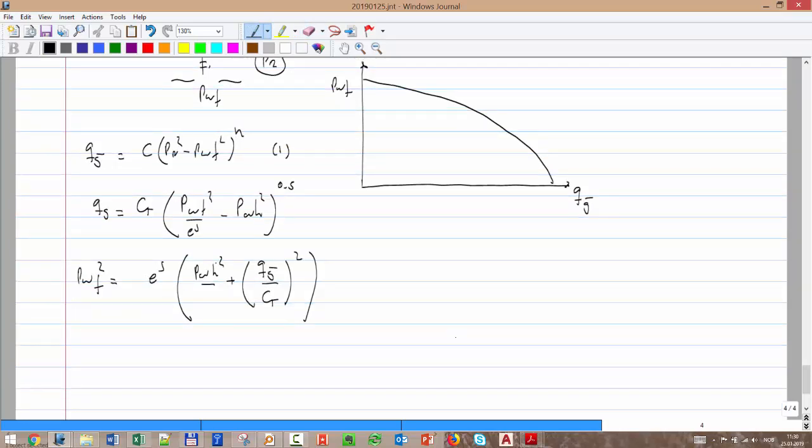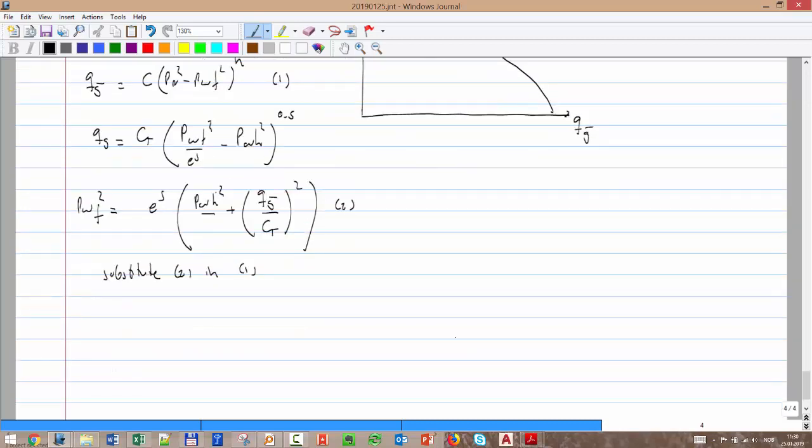I have equation 1 and equation 2. Substitute 2 in 1, and I end up with QG, an equation where I only have a bunch of constants, the wellhead pressure and the rate.